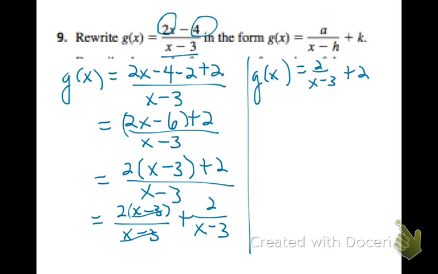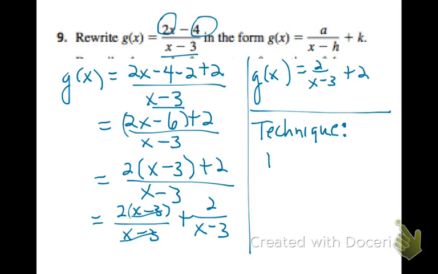So the takeaway on this problem is this technique of looking for a value, inspecting, I guess, that's why this is called inspection, looking for a value that you could have in the numerator that will allow you to factor so that you have a match between a term in your numerator and your denominator.